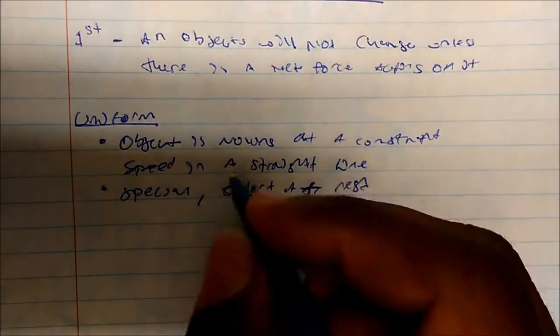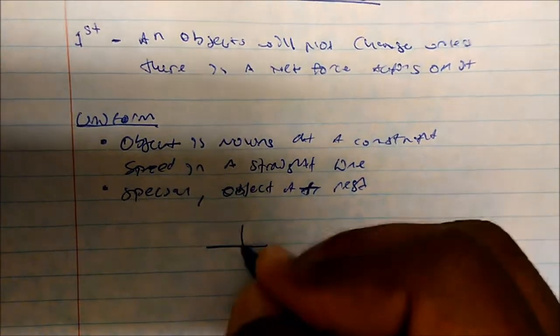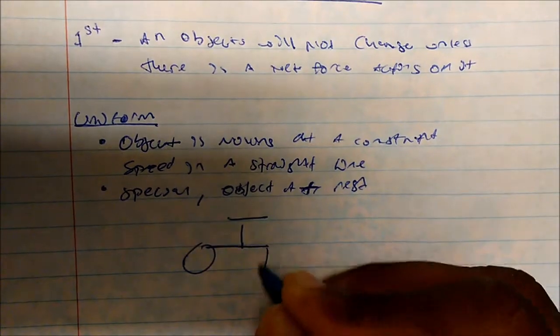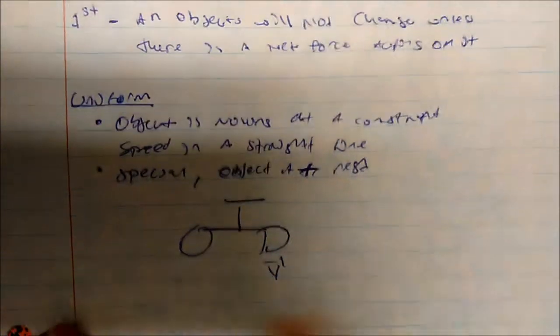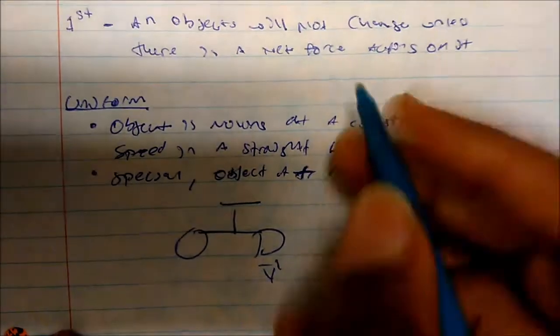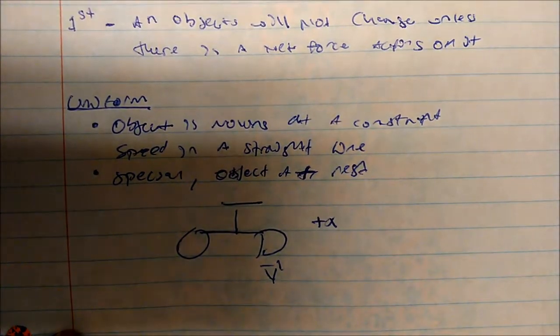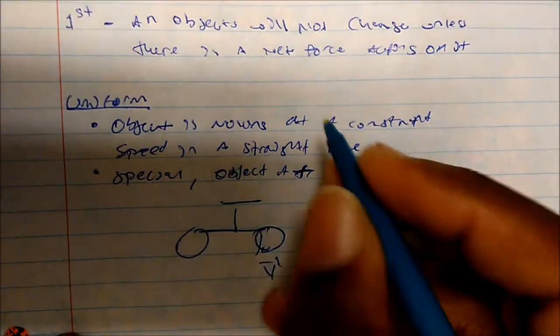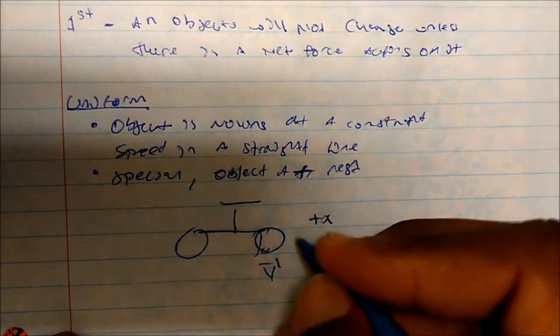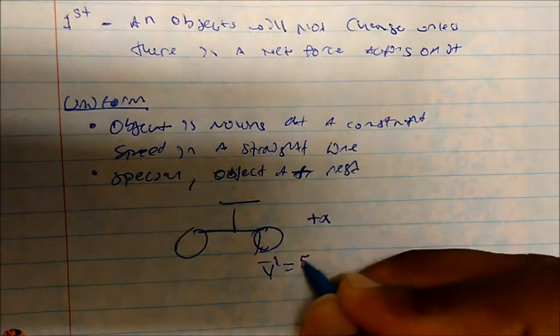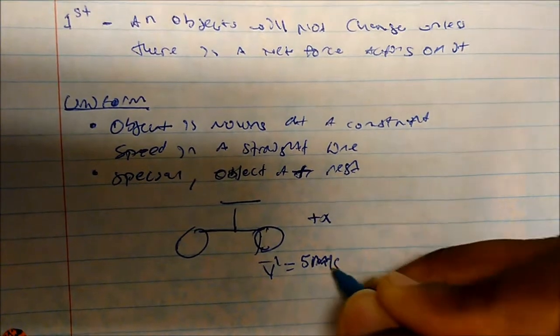Maybe you could imagine I have a bicycle here and it's going with some sort of velocity. It's going in the positive x direction at a constant speed, and maybe we could say he's going at 5 meters per second.